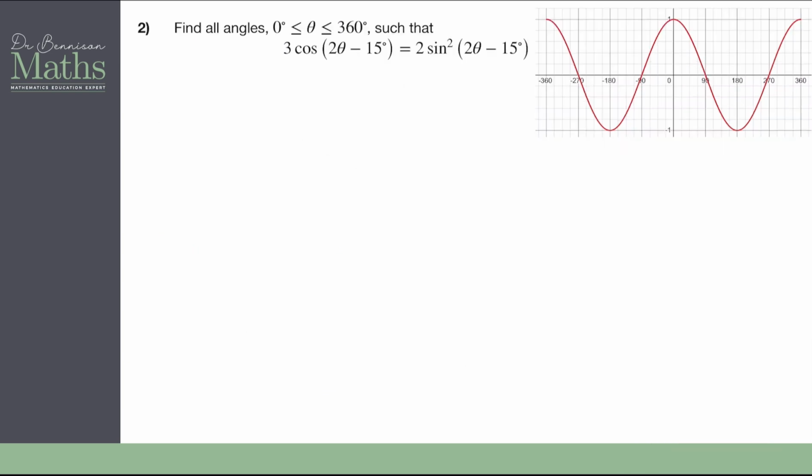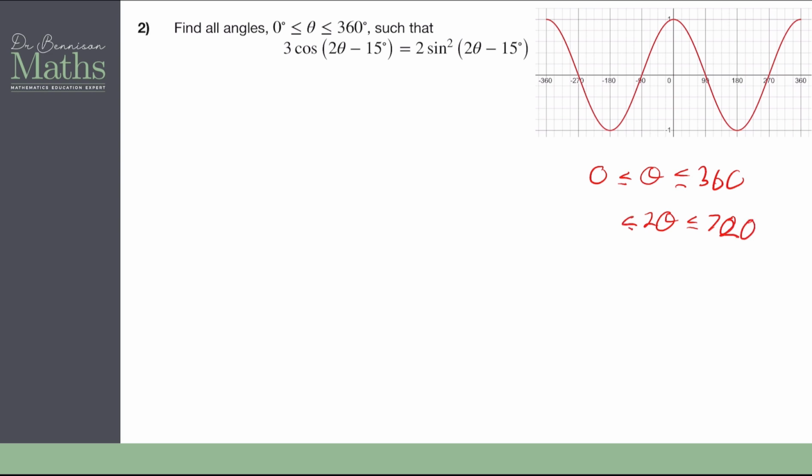Question 2 then, we've got to solve 3 cos (2 theta minus 15 degrees) is equal to 2 sine squared (2 theta minus 15). The first thing I'm going to think about is working on our domain of solution. So if theta is between 0 and 360, then 2 theta is going to be between 0 and 360 times 2, which is 720.